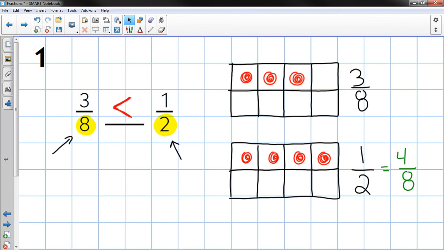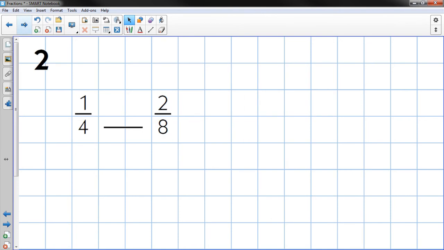Let's try another one. I have 1/4, and I'm going to compare that to 2/8. All right, so again, look at the bottom number. They're not the same, so we have to make some rectangles that are the same size. Let's see.